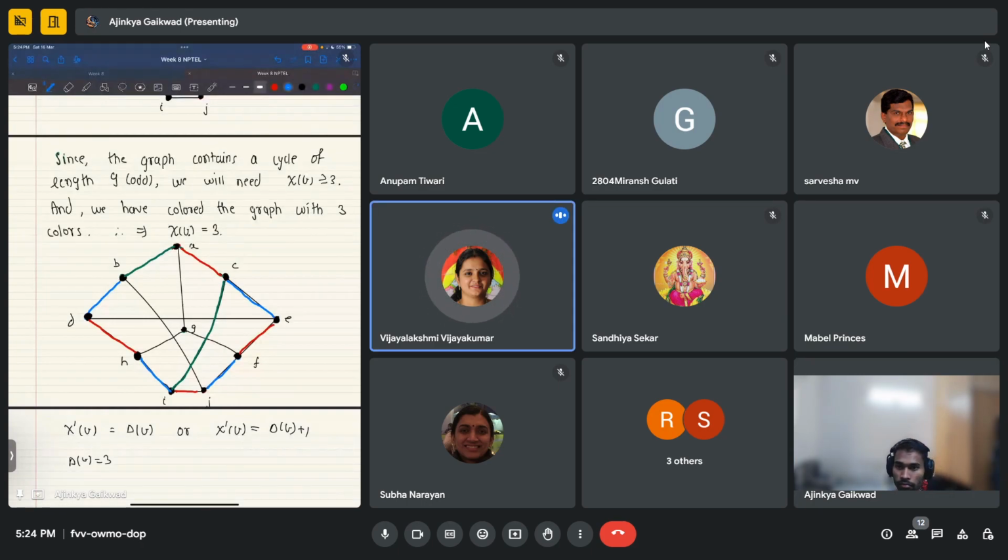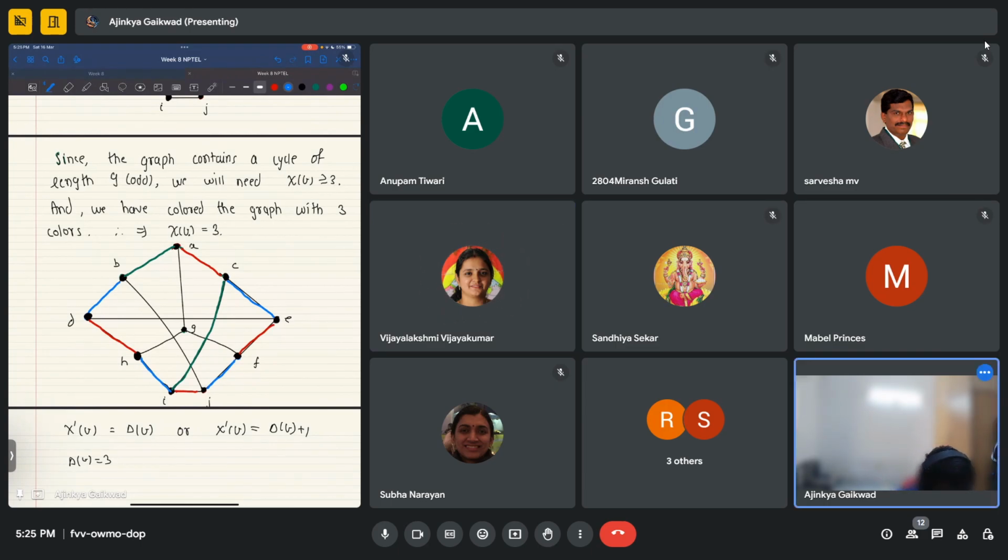If we color HG by green, then you cannot color AG by any one of the three colors. If I color HG green, GA I can color blue, right? So if I color HG green, I can make this blue.